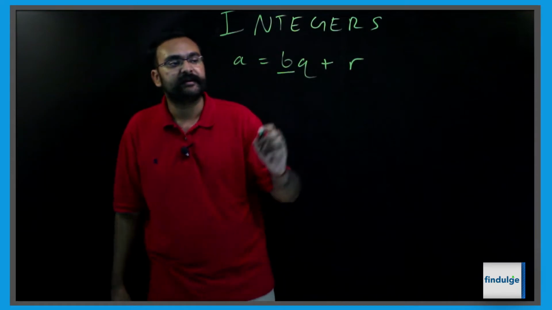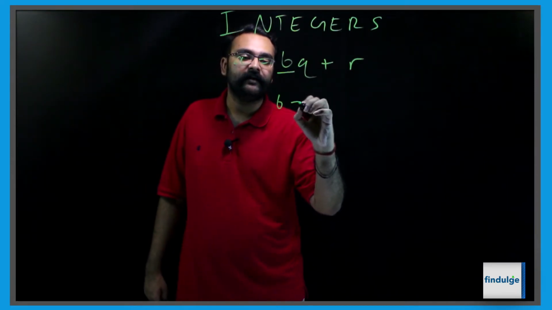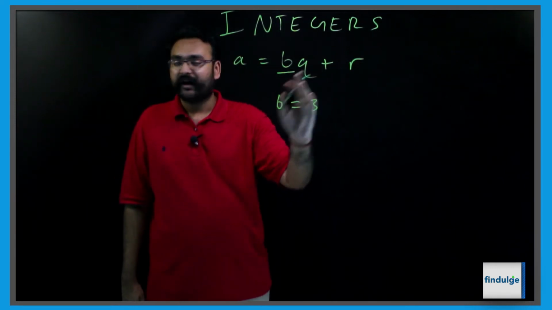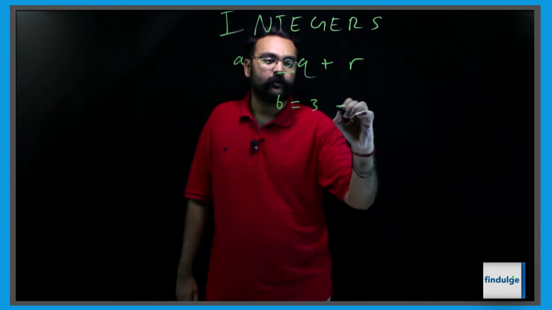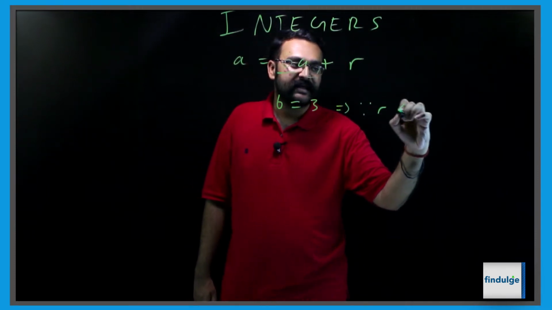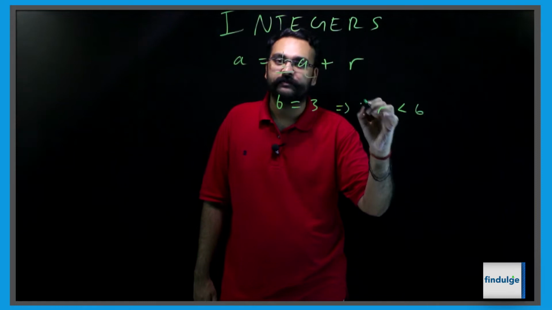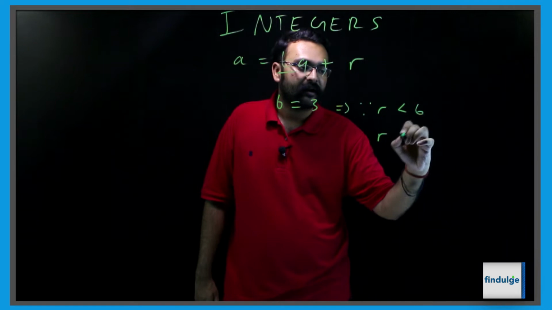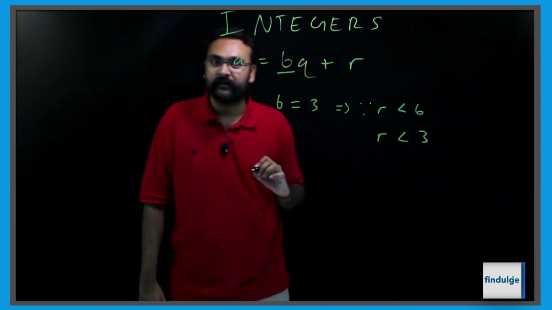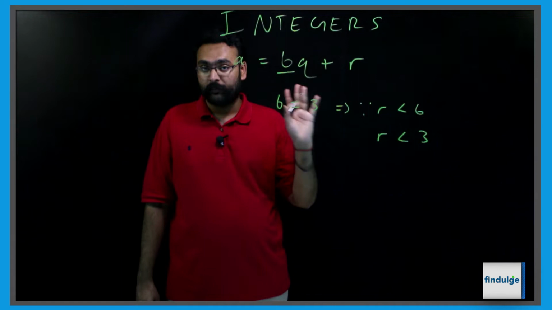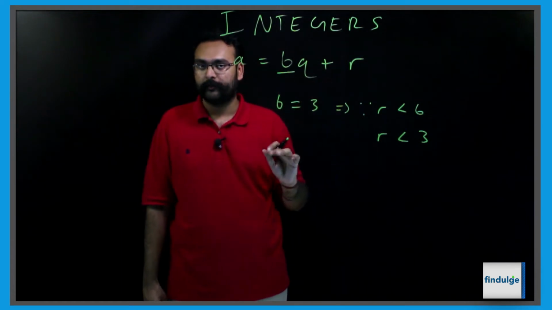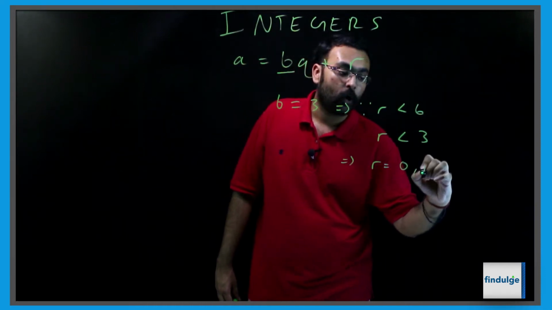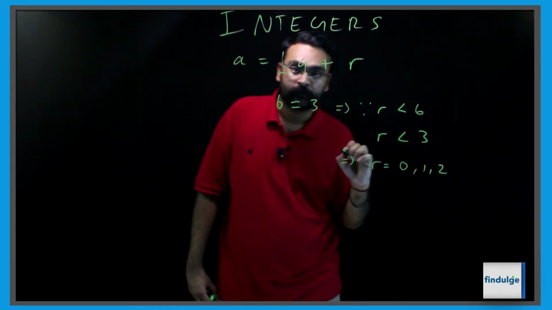What I mean by this is, let's assume b is equal to 3. Now we know that r has to be less than b. So since r is less than b, these 3 dots mean since. This means that in this particular case, r is less than 3. r is also supposed to be a positive integer or 0, which means r can be equal to 0 or 1 or 2.